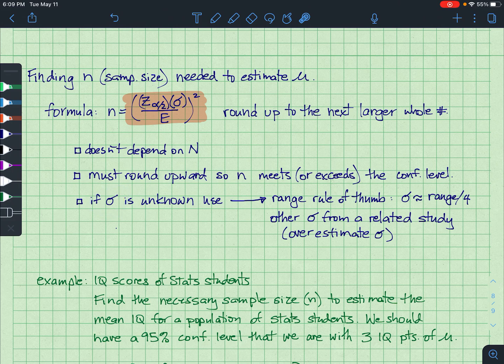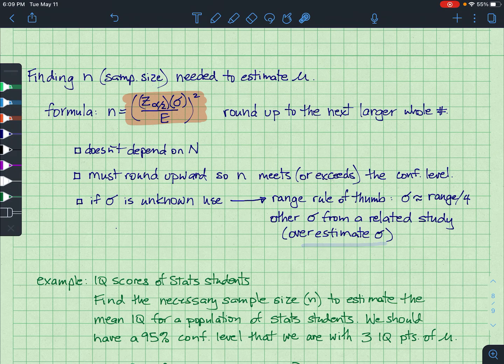If standard deviation is unknown, you can do a couple things. You can use the rule of thumb, which is the range divided by 4, or go to another study. A similar study has to be around the same subject, and you use the standard deviation they have.